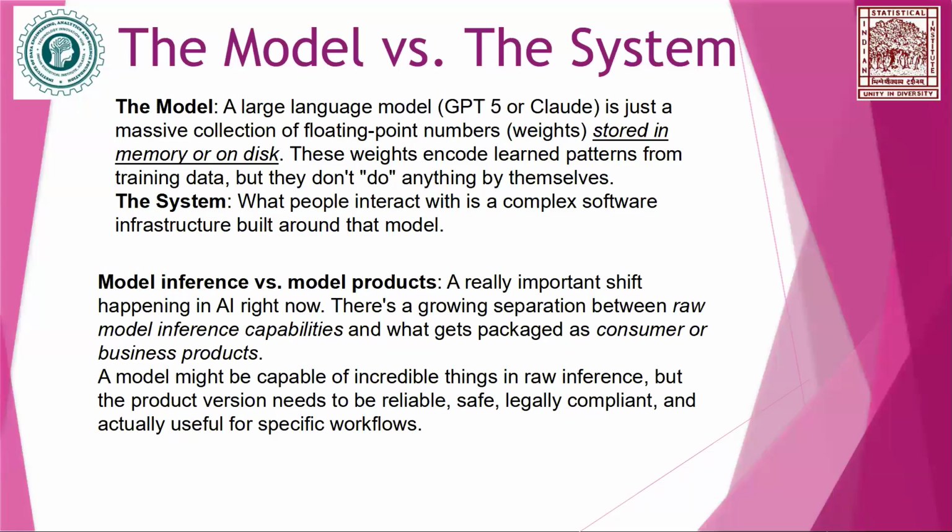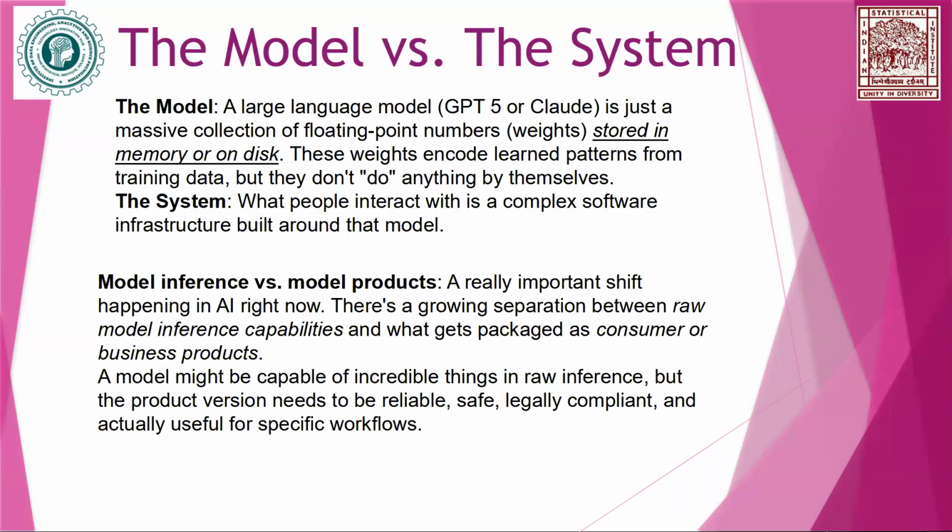But the fact remains that the system is very, very important. And if you look at the market today, this is how the market is shifting. There used to be a time when model inference, even using the model, mattered. Model inferencing is a technical term, maybe. Basically, you ask a question and get an answer back.